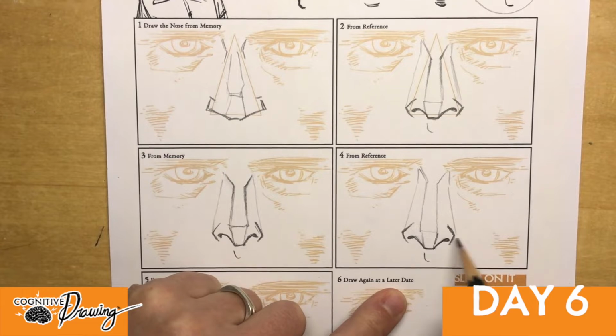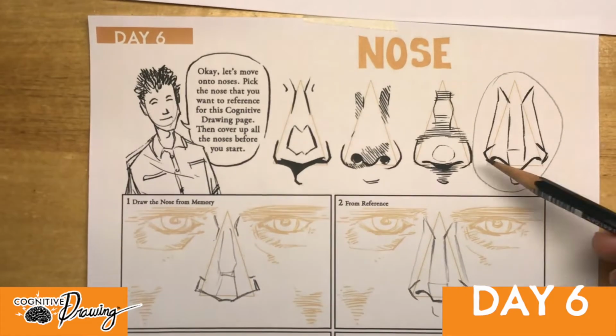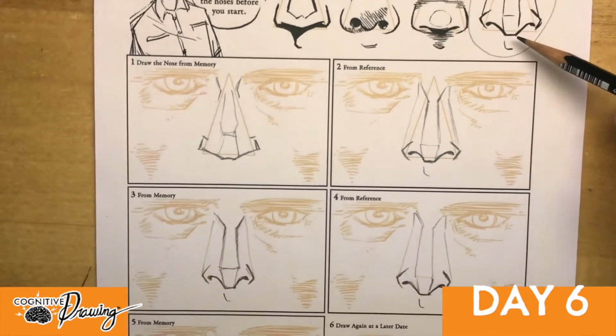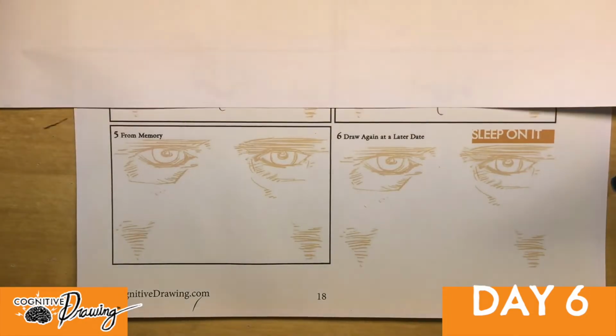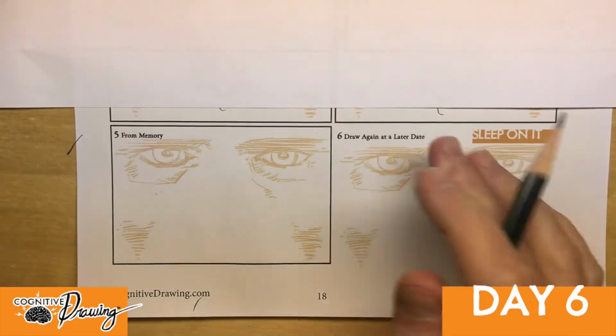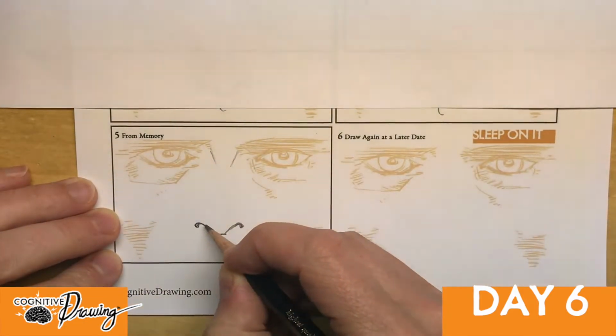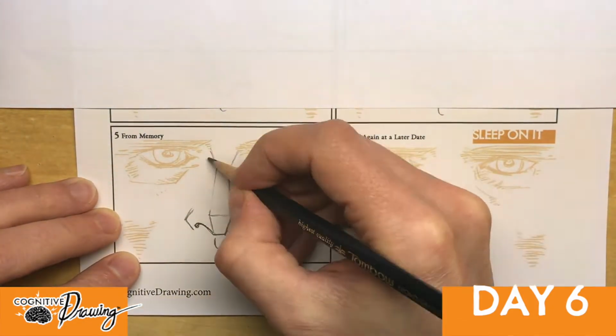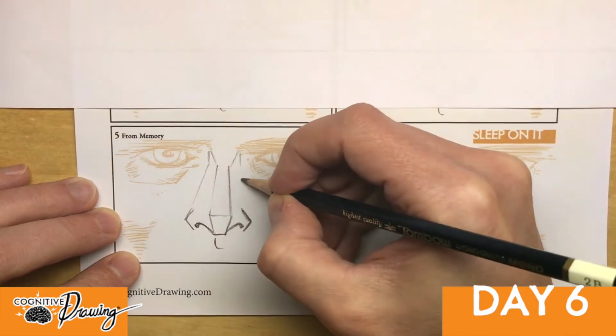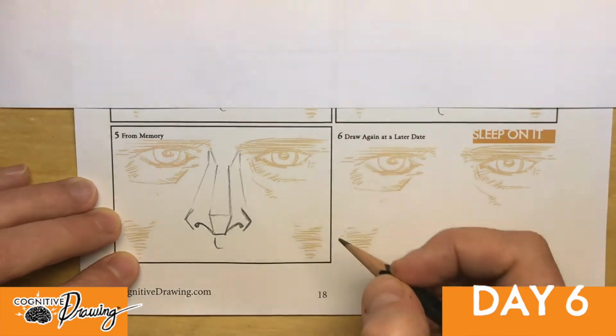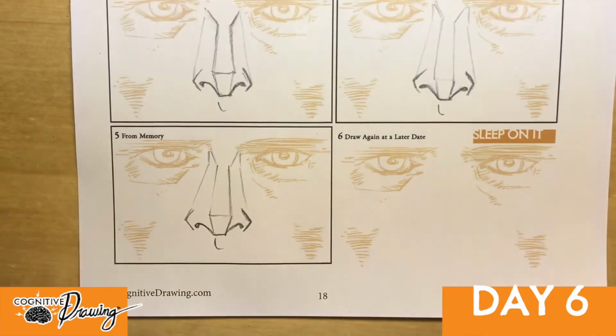Seems like this needs to be a little wider. When you look at this one, it's a little wider than what I got. And you notice there's a sleep on it right here, meaning we'll do this one tomorrow. You know, it went straight down and then it's close.